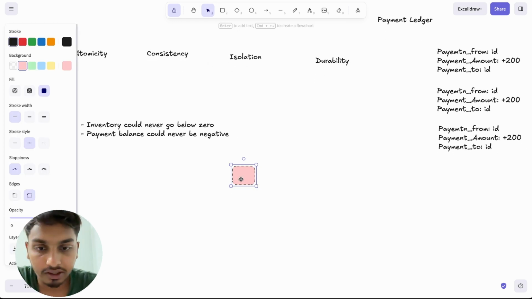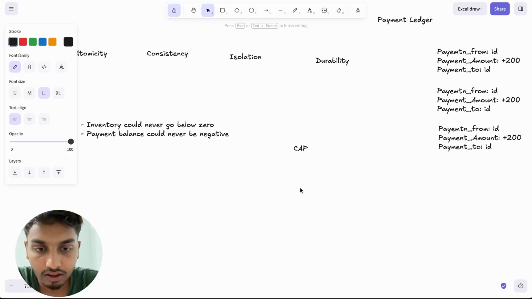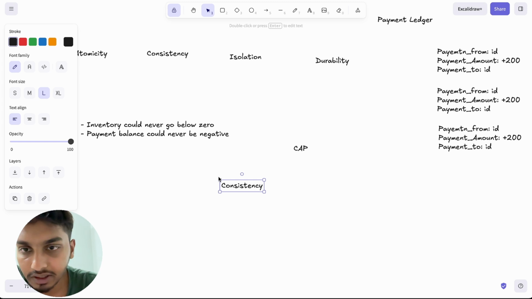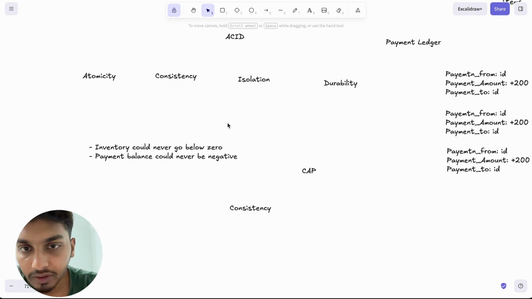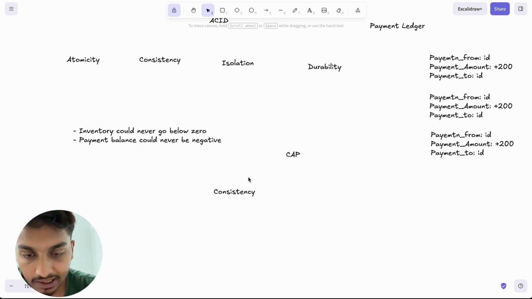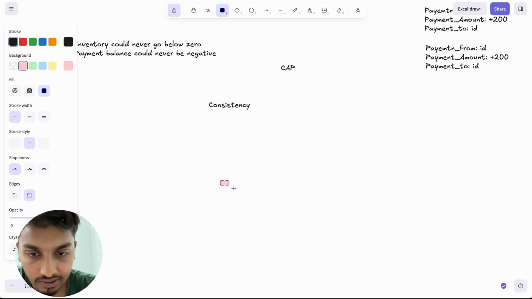Now let's try to understand the CAP theorem. In CAP, C stands for consistency, and the point to be noted is that consistency in ACID compliance is not the same as consistency in the CAP theorem. That's because when we were talking about ACID compliance, we were talking about a single node of a database, while in CAP we are talking about distributed clusters where there are multiple replicas. Let's say a write replica and a read replica.